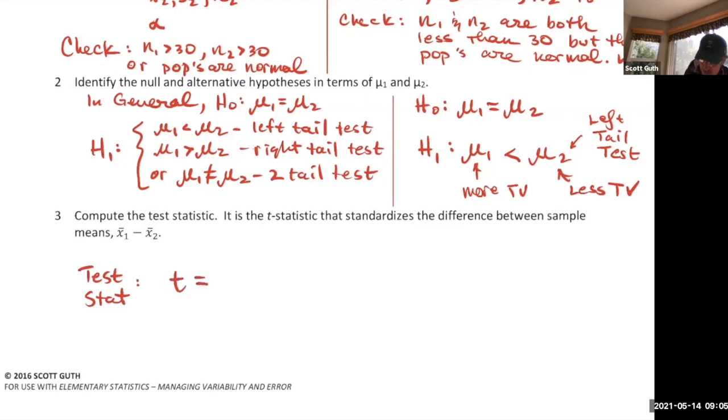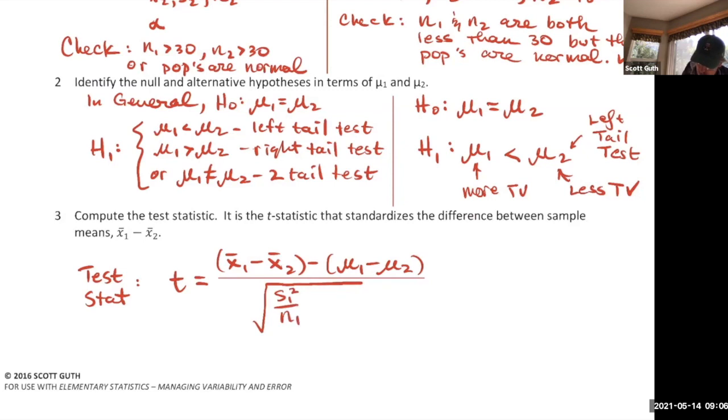T is, as we've, I've just never written it as T before. That's the only real difference here. And I'll use the sample standard deviations. Okay, we can go ahead and do this.